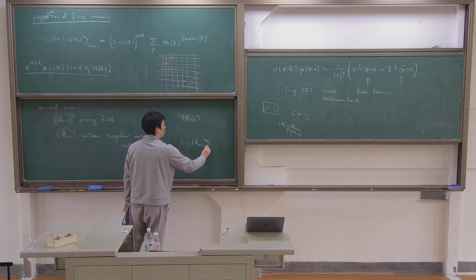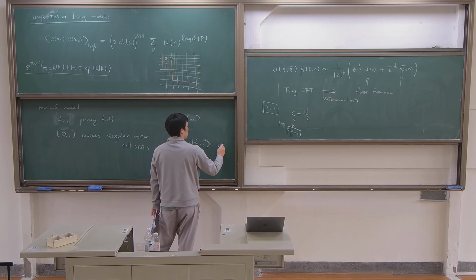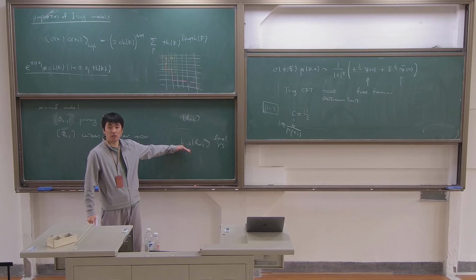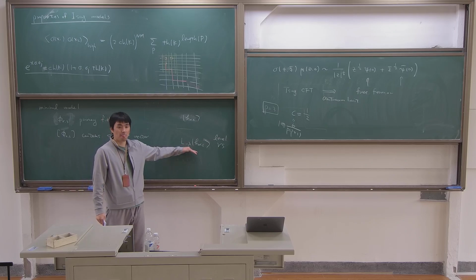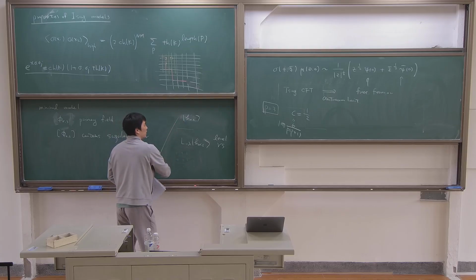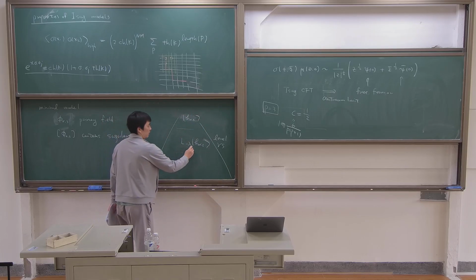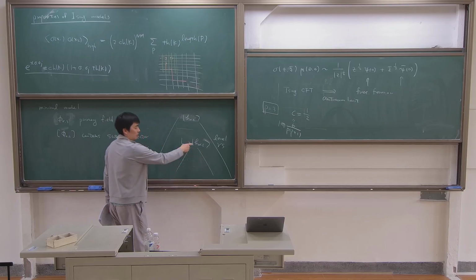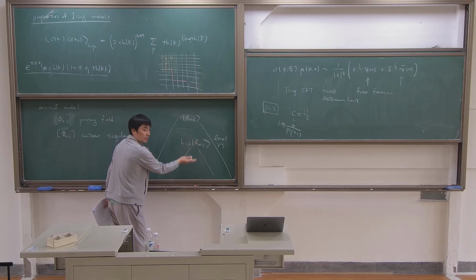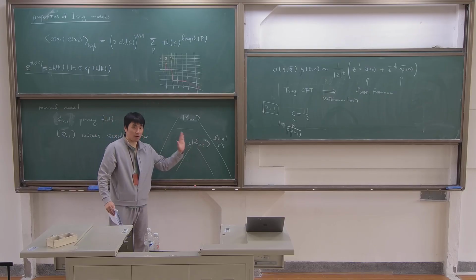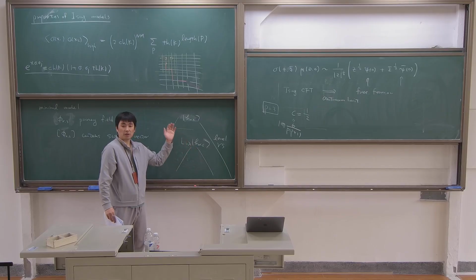Eventually, at level RS, you will get some null state, or singular vector. From there, the singular vector will create a lot of null states that will give you subrepresentations of the Virasoro algebra. You have to throw away those representations to get the reduced representation. That's what we learned last time.